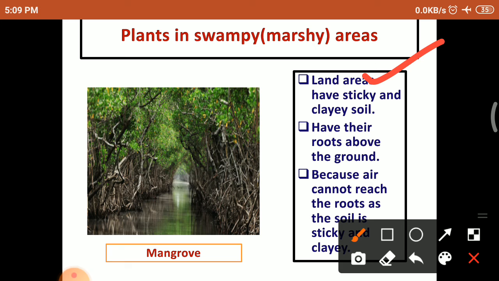So these areas are called marshy areas. Where the land has clayey and sticky soil, these areas are called marshy areas. In this area, the mangrove plant grows. This plant has its roots above the ground.